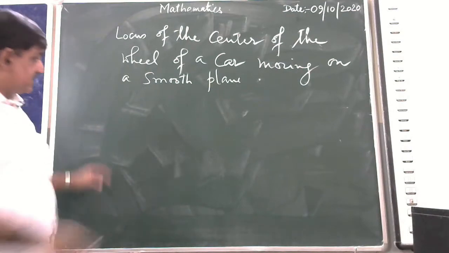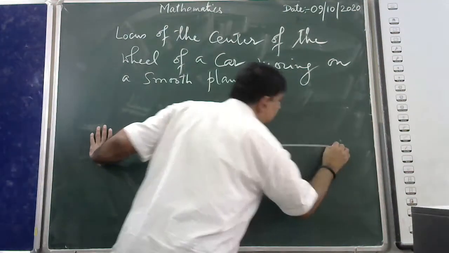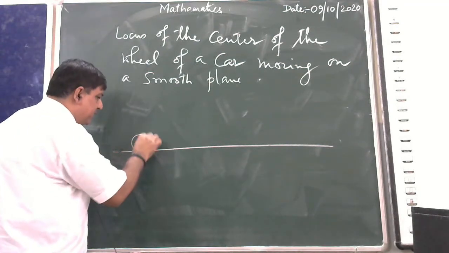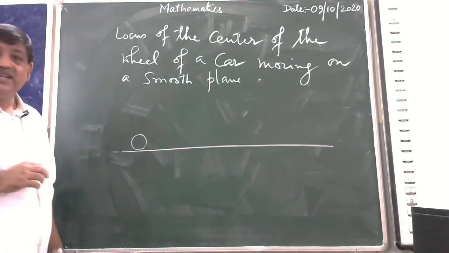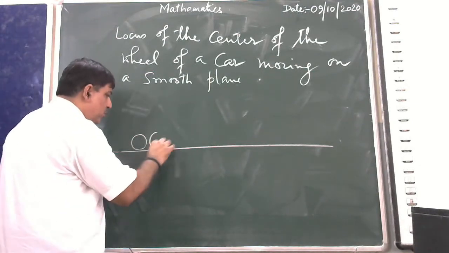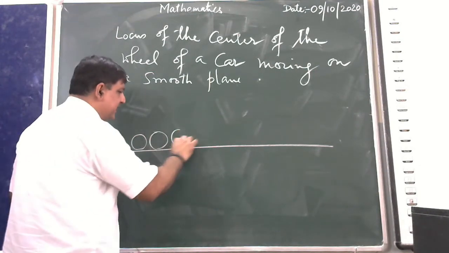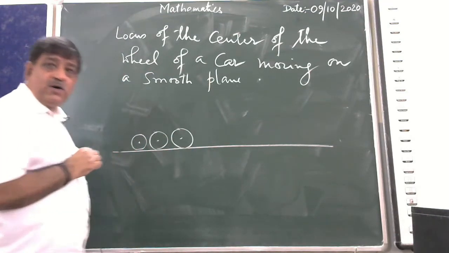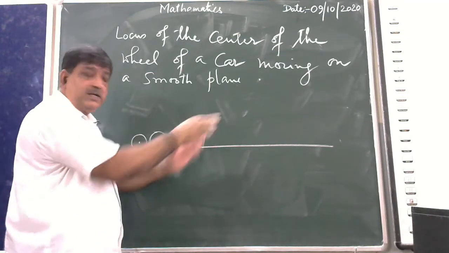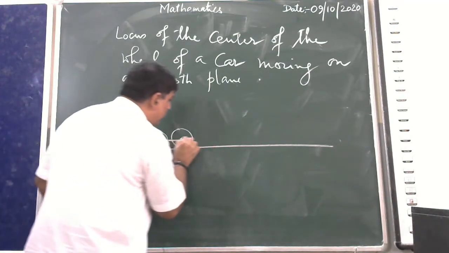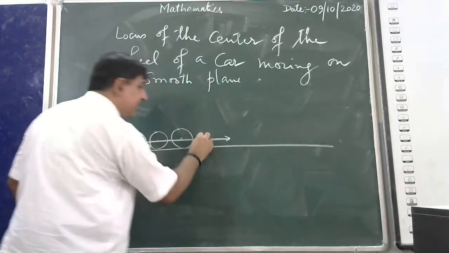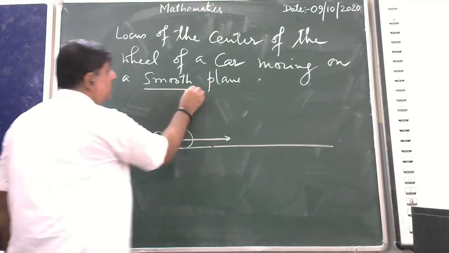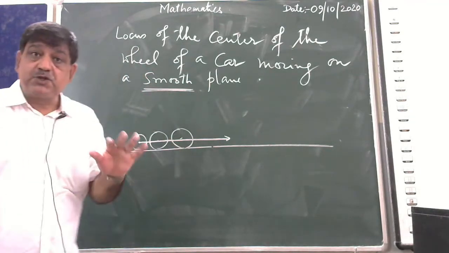Now you see boys, suppose this is the plane and say this is one of the wheels of the car. Now, during its motion, what about the position of the center? You can observe, the center is here. So, if the car moves, then the center will move on a line which is parallel to that smooth plane. This word is important: the plane should be smooth.